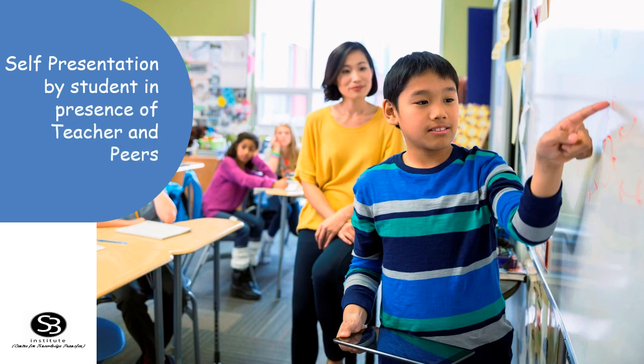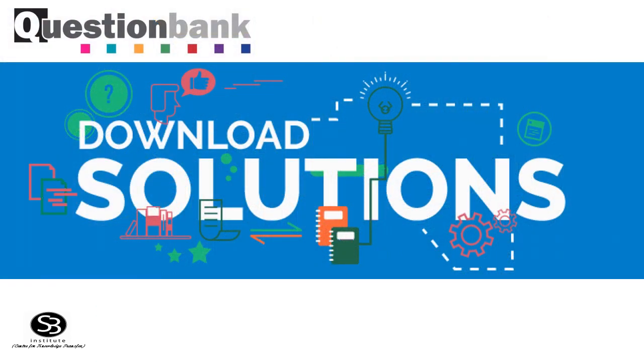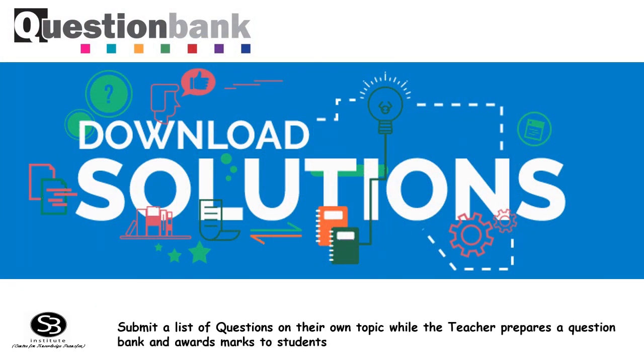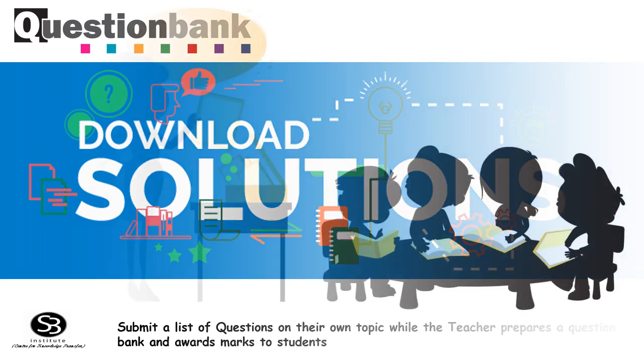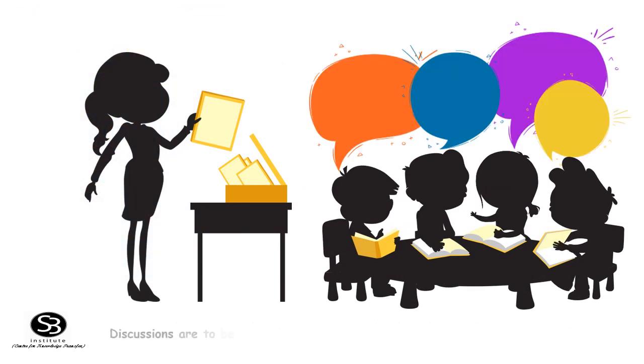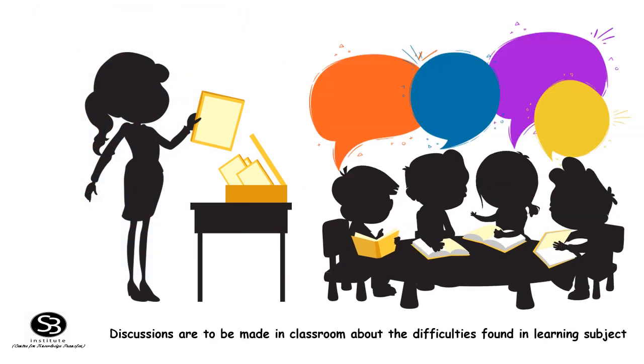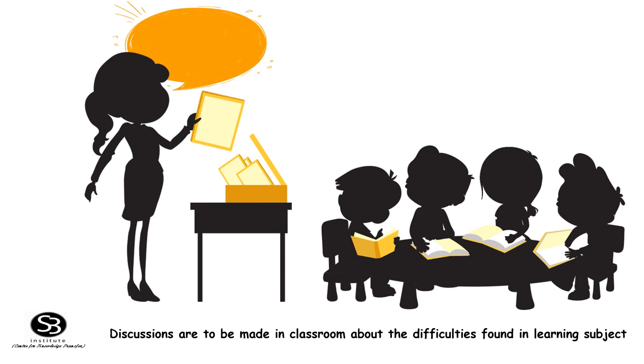Third, the teacher submits a list of question banks from the topic which the students decided. Fourth, discussions are to be held in the classroom about the difficulties found in learning the subject so that students will clear their doubts then and there with the teacher.